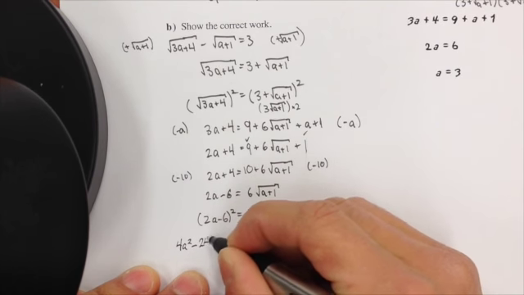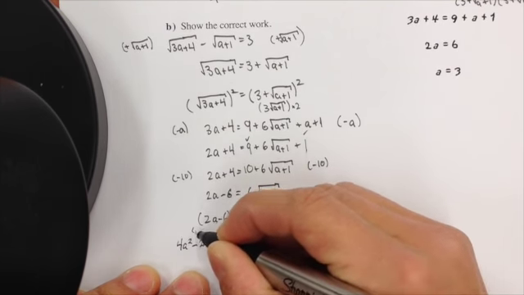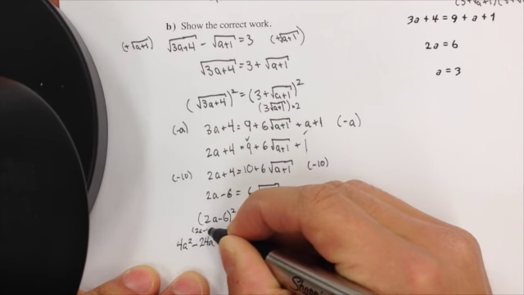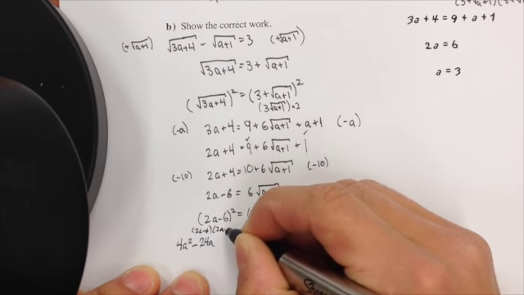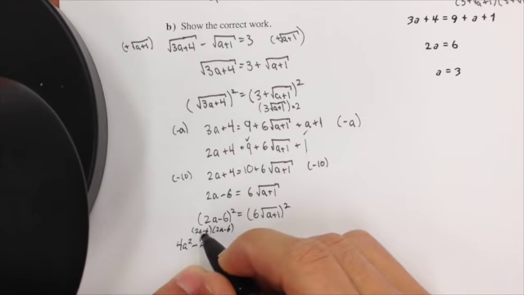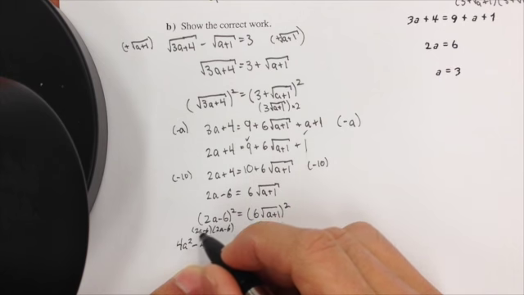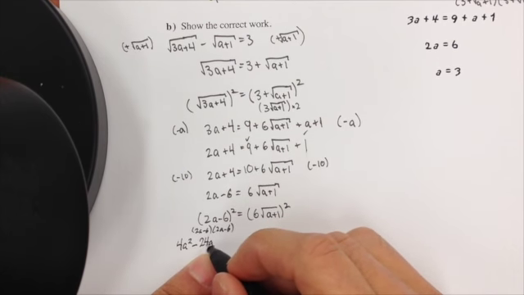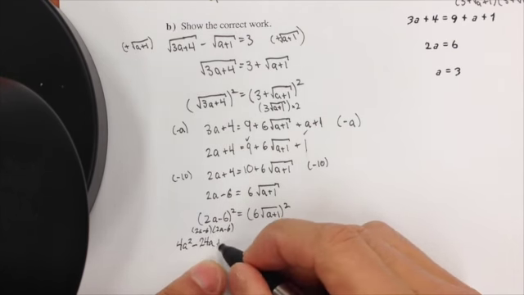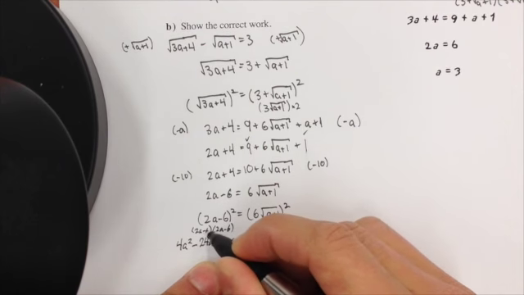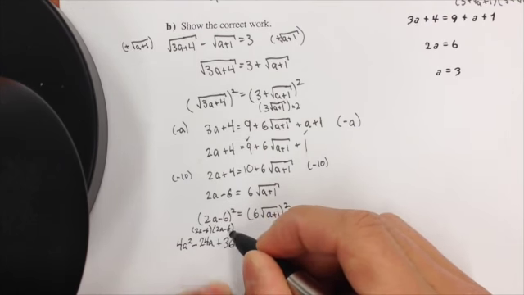minus 24a, since what we're doing here is 2a minus 6 times 2a minus 6. So that's where my 4a squared comes from. Minus 6 times 2a is 12a, minus another 12a will be my negative 24a, plus 36, because negative 6 times negative 6.